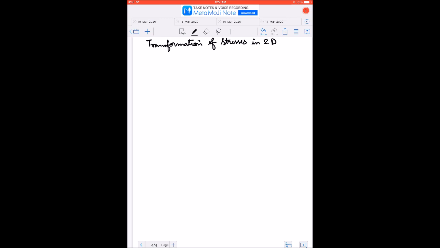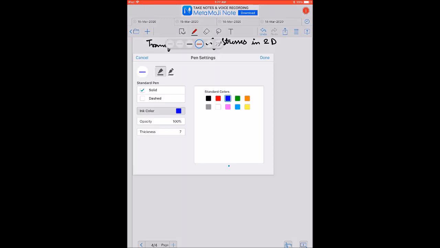As I was mentioning in the previous part of my lecture, if we have a general two-dimensional body like this, we are no longer considering three-dimensional bodies. So this is very much 2D, and we focus our attention at a particular point Q inside it.